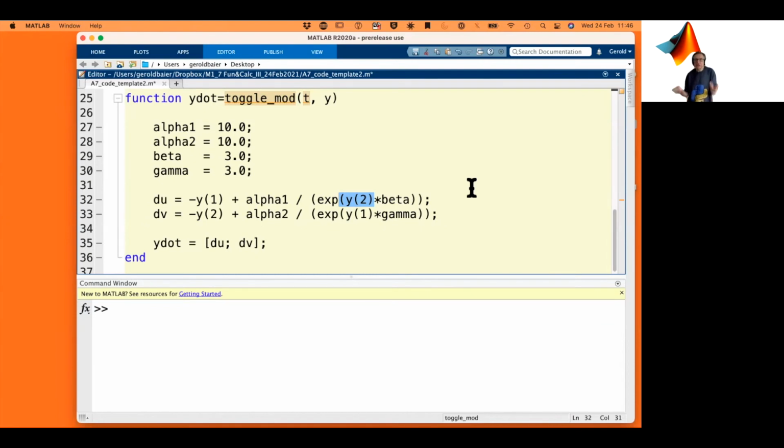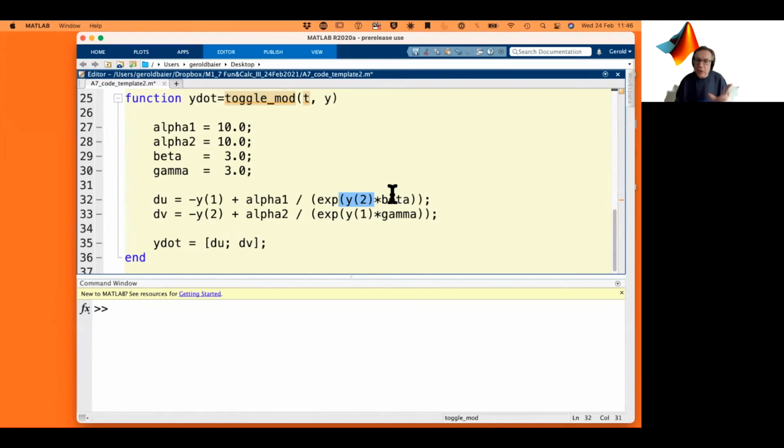The exponent of a variable. So what happens? You take the variable, but instead of putting in the variable directly, you take the exponent of a variable. So that means whatever that exponential function does, it rises, right? Starting from 0, it rises, gets very large for large values of that variable, say y2. So if y2 has a large value, then the exponent will be very large. And because we're dividing by something, if that's very large, division by something very large means you have a very small number.